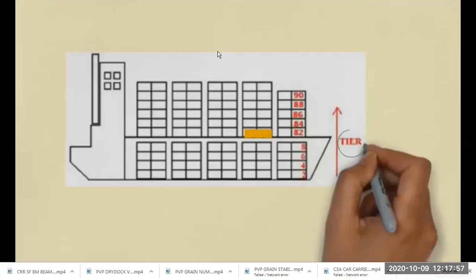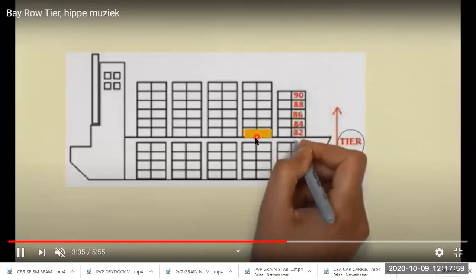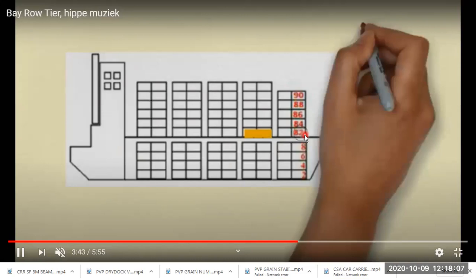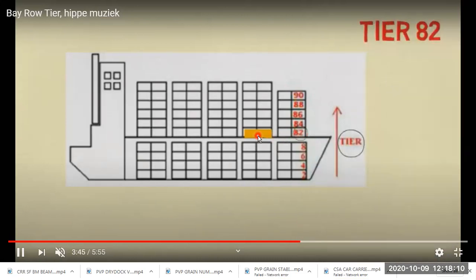So now we need to find out the tier number of this yellow container. This is, you can see, tier number 82. So this is how you will get the questions in the exam.